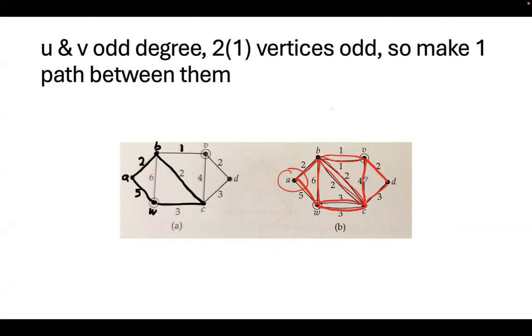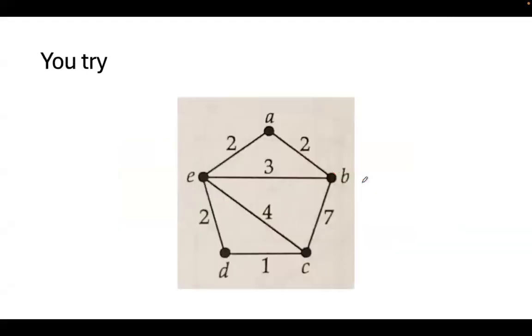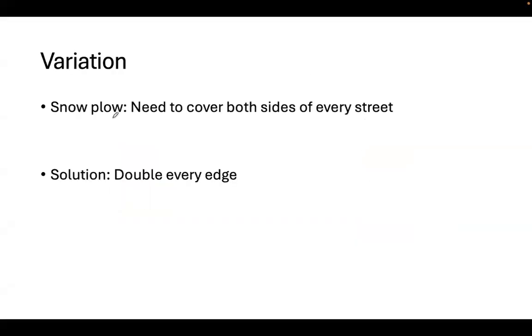But there may be multiple framings of it. One of the variations is if we're snow plowing, and we need to cover both sides of every street, then we need to double the edges. So you don't just go one way on the street, you also need to go the other way.